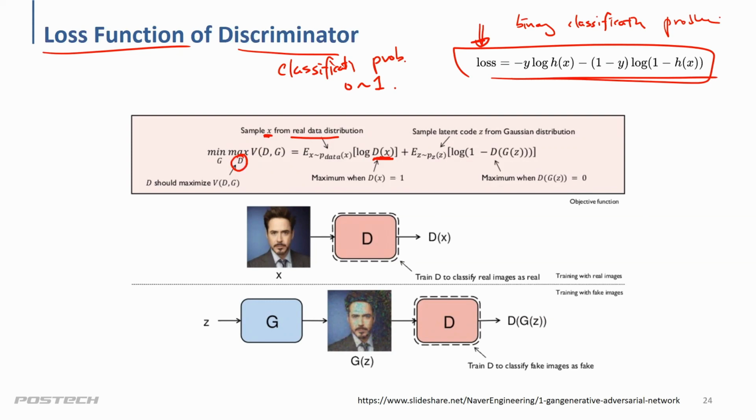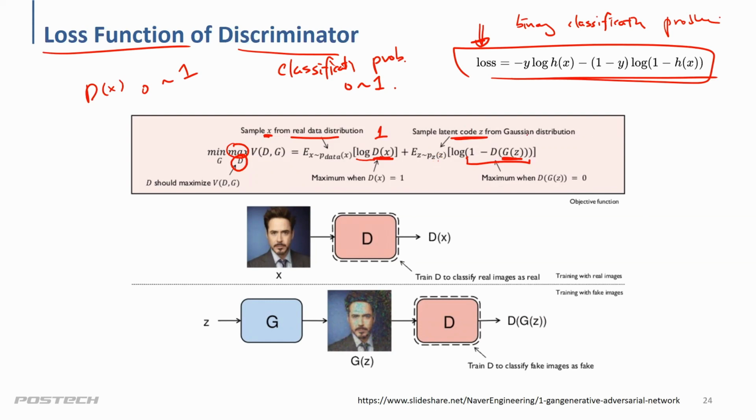For the discriminator, we want to maximize this, and D of x can be anywhere from 0 to 1. So to maximize this one, it should be 1, right? And if, starting from the latent space, this one is generated and fake, this one we are also trying to maximize, right?